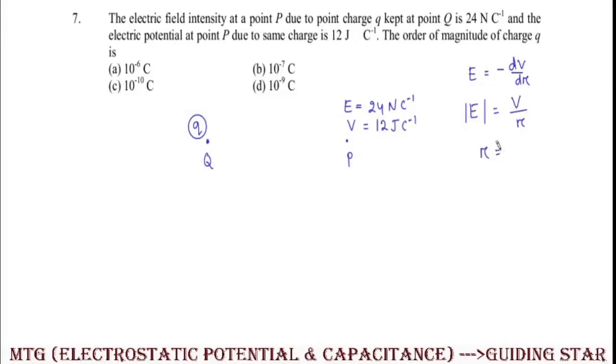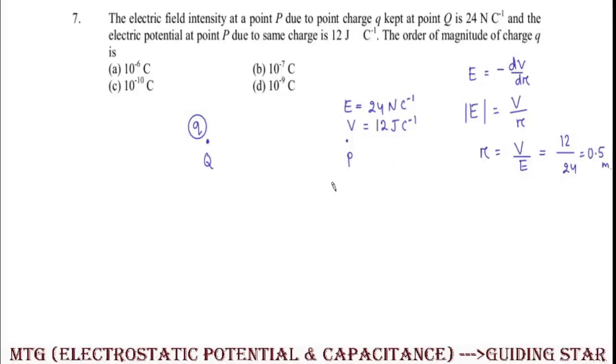Then R will be equal to V upon E. So the value of V is 12 upon E is 24, so it will be 0.5. So R is coming to be 0.5 meter.